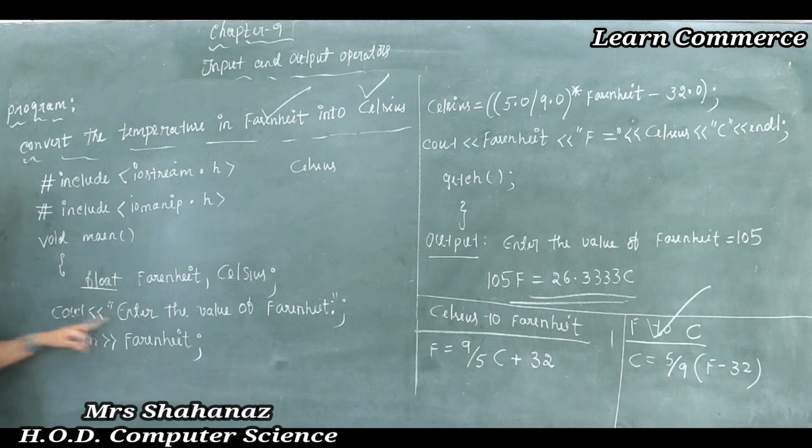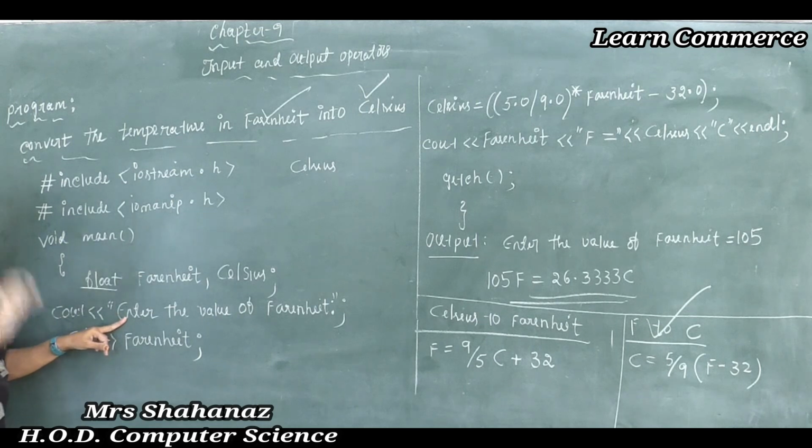Okay, now I want to display one message, so we know how to display a message by using cout, and in cout we use the stream insertion operator, the output operator, which we write as two less-than signs. Then, if you want to display such a message on the monitor screen, you have to open the double quotation.